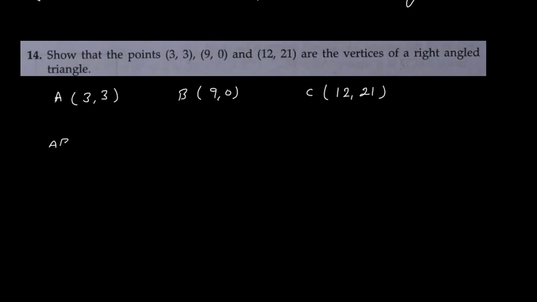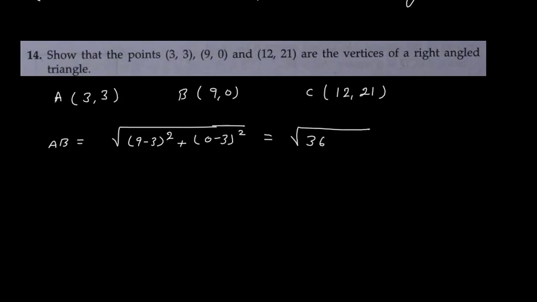Now let us find AB. So AB is root of (9 - 3) the whole square plus (0 - 3) the whole square. So 9 minus 3 is 6, 6 squared is 36, plus 3 squared is 9. So this will become square root of 45.